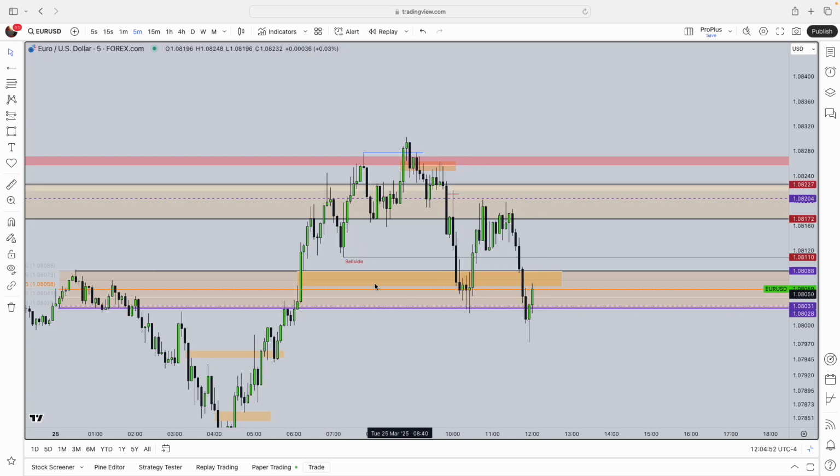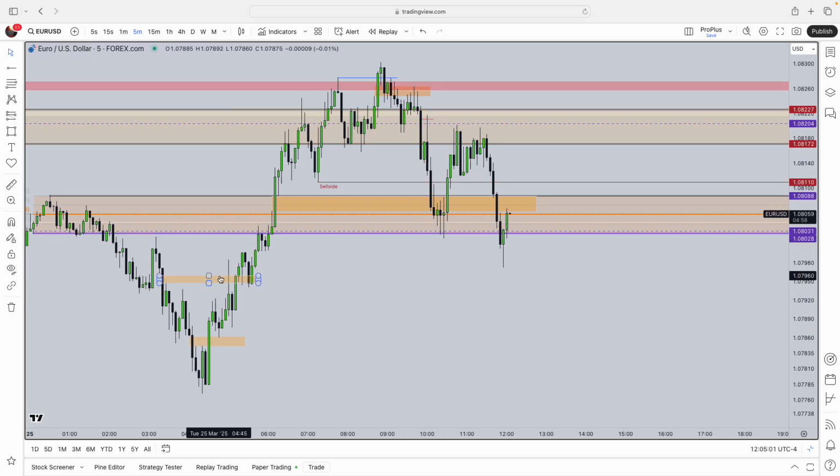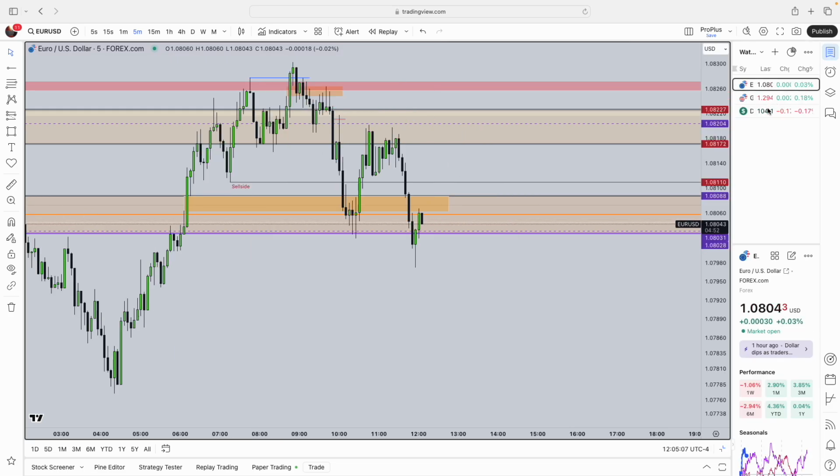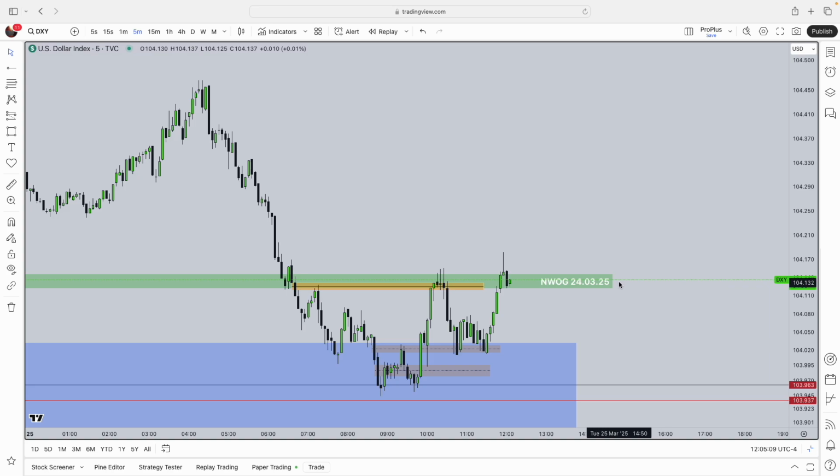That's what I'd say. So now, if price wants to continue lower, I'd like to see this BISI act as a SIBI, so an inversion fair value gap. And we can start seeing lower price in euro. And then I'm assuming dollar is at the weak opening gap. It is, so I'd like to see that act as support.